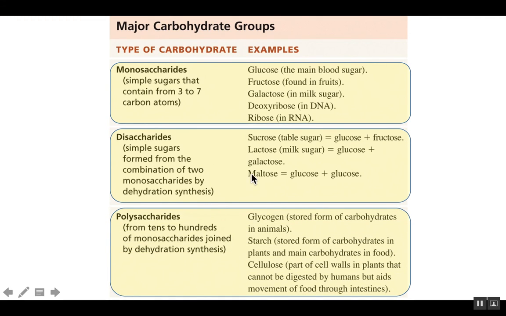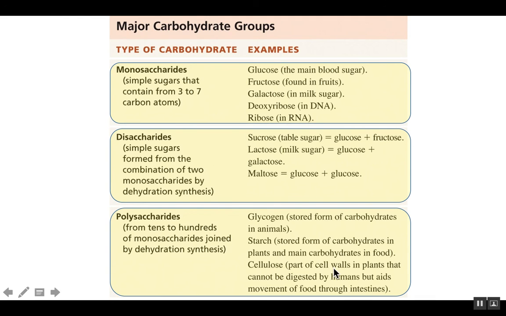There's that important glycogen molecule, stored form of carbohydrates in animals. In plants, we call it starch. Slightly different molecule. Same idea. It's a way to store large amounts of glucose in the cell.